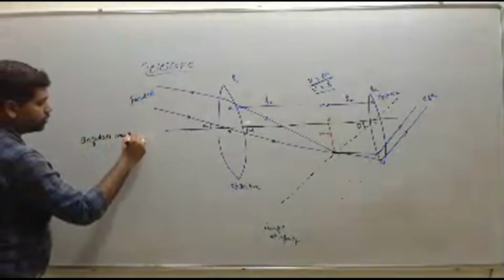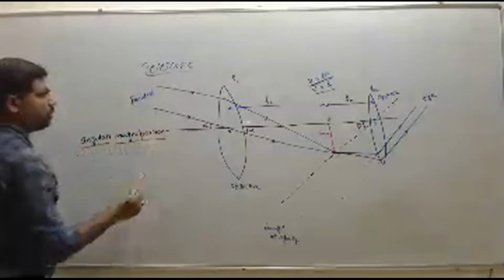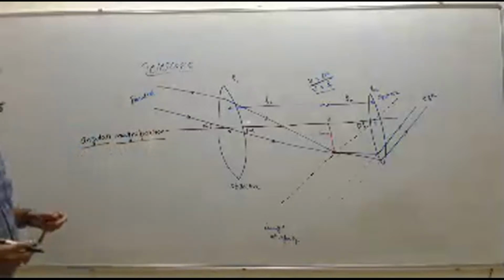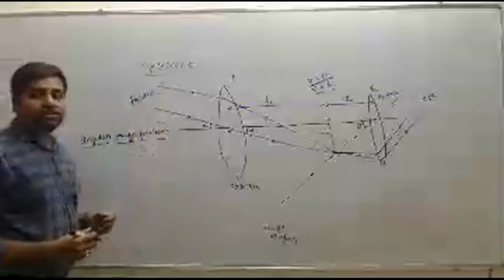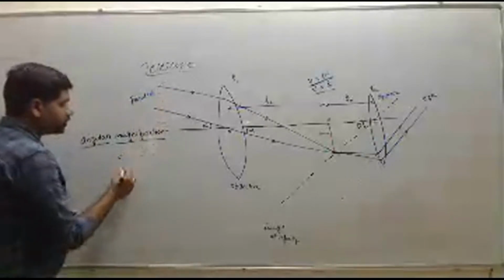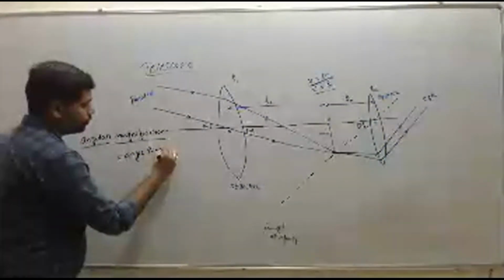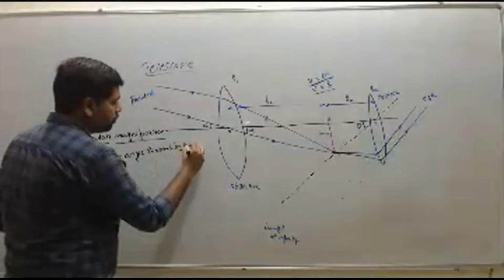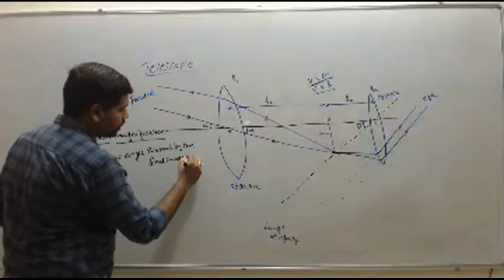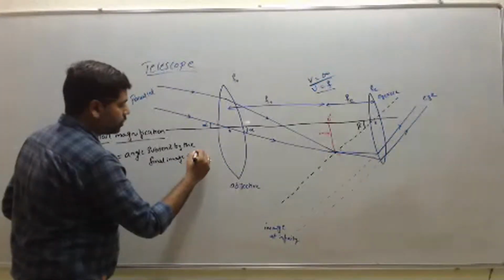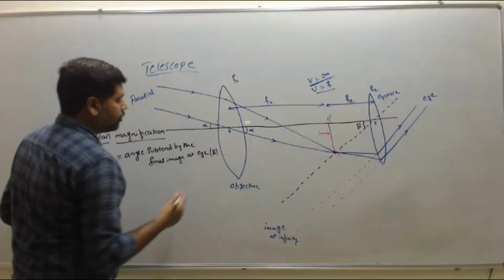Angular magnification. The angular magnification of the telescope is defined as the ratio of the angle subtended by the final image at the eye, that is angle beta.